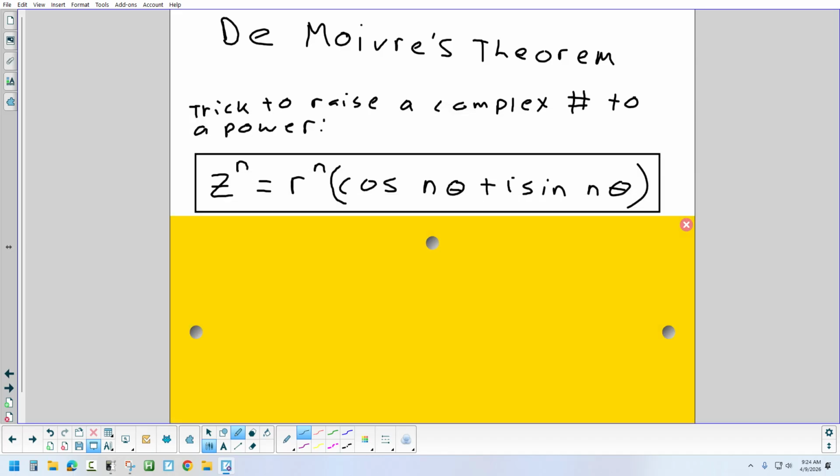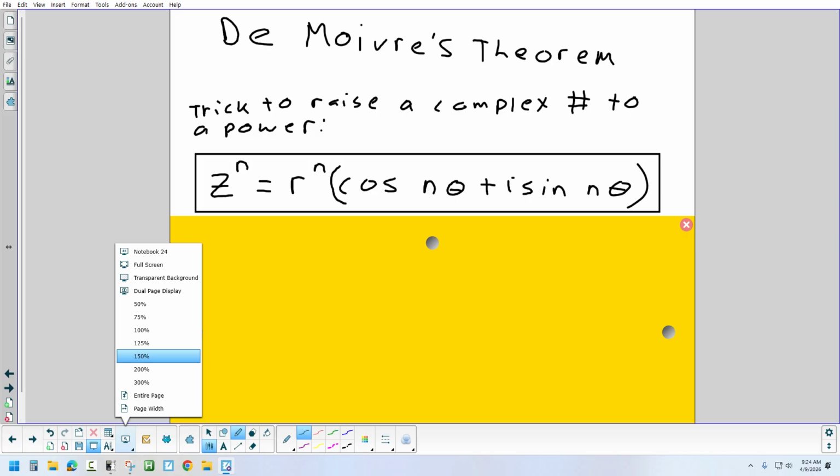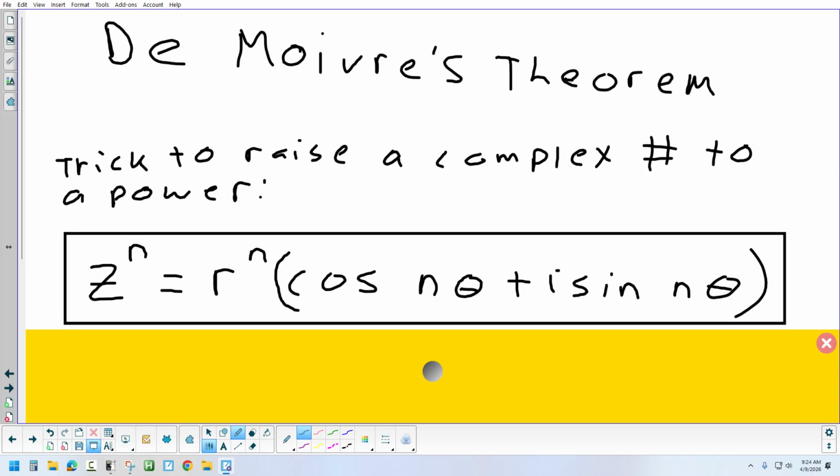All right. So if we want to raise a complex number to a power, there are 2 calculations we need to do, just like the other formulas. First, you take the radius that they gave you and raise it to the power they ask you to.